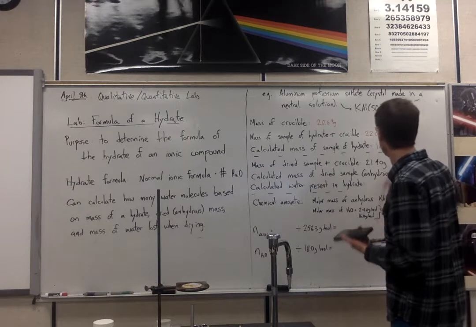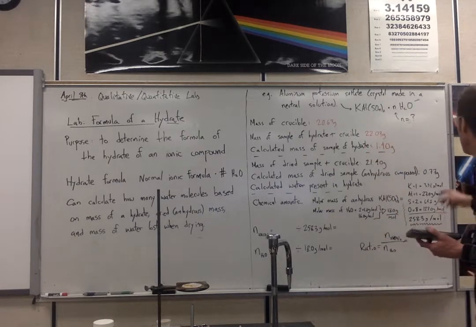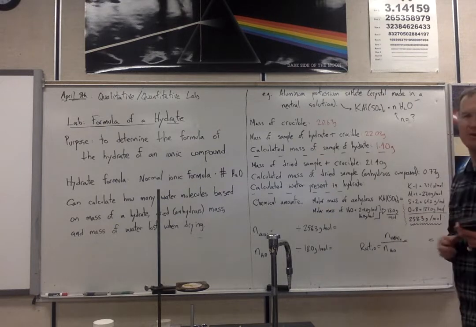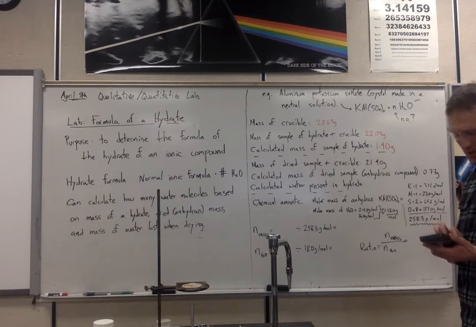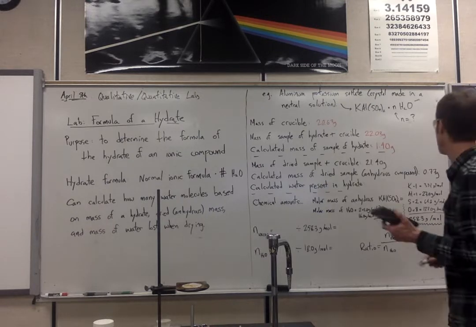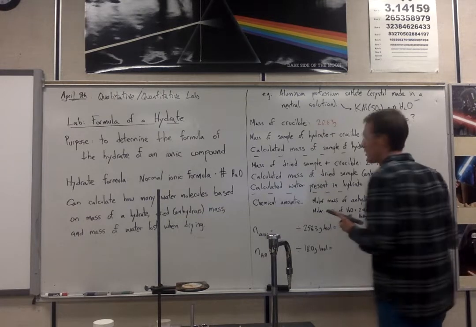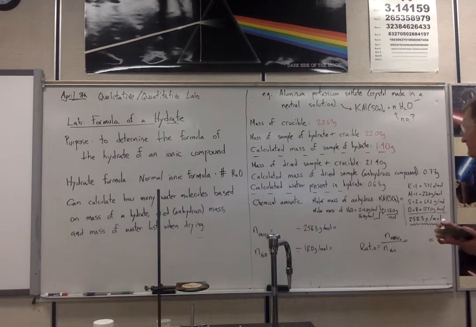How much water is in there? The hydrate was 1.40 grams. The dried sample was 0.77. So 1.4 minus 0.77 is 0.63. We have 0.63 grams of water that were lost when we dried out that crystal.